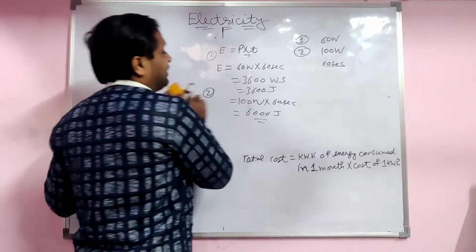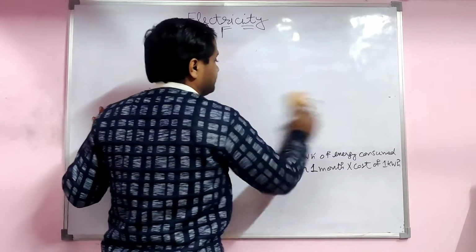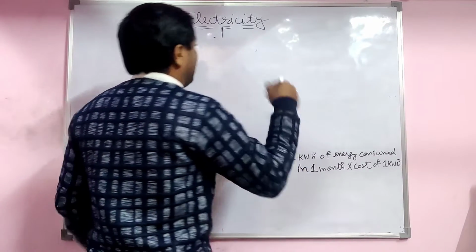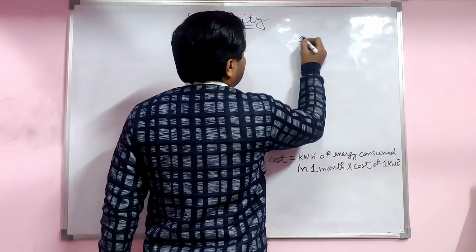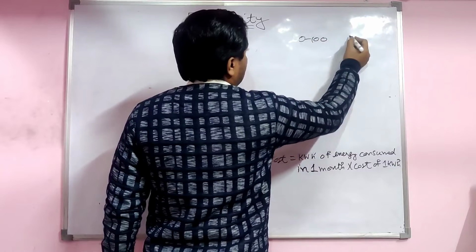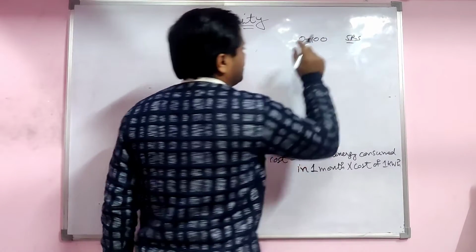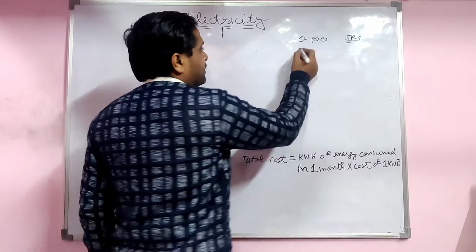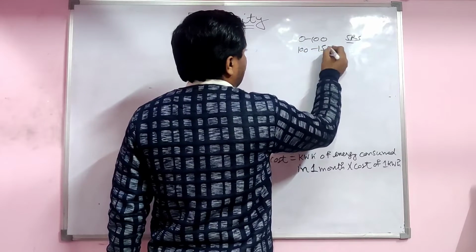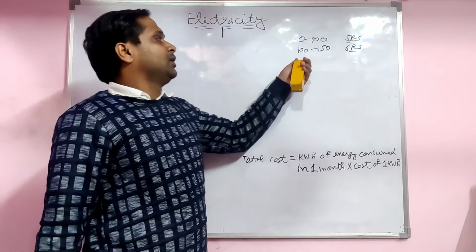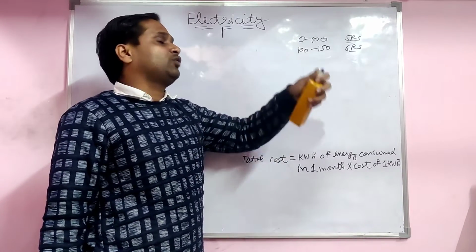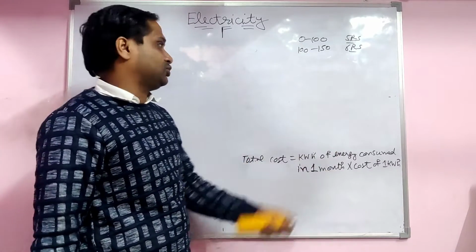Yes, how do we calculate the bill? Now we have to see. That depends upon the number of units. On the bill, if you consume 0 to 100 units, that is 5 rupees charge. 100 to 150, 6 rupees charge. Same way, 150 to 500 is 7 rupees, like this only.